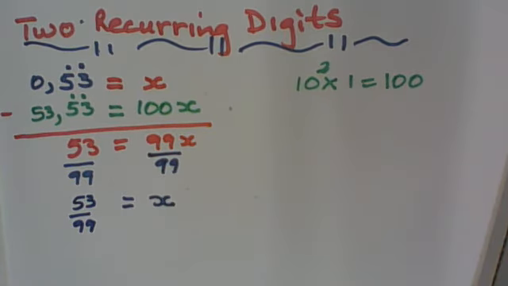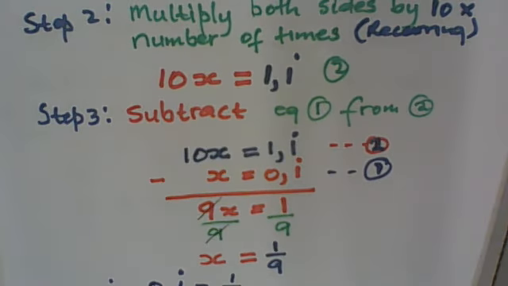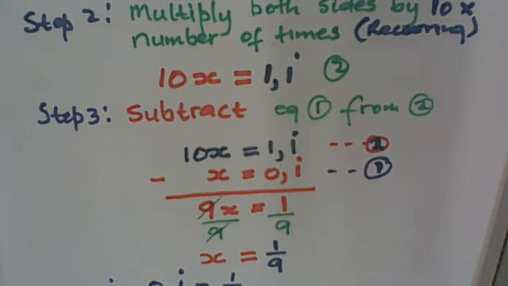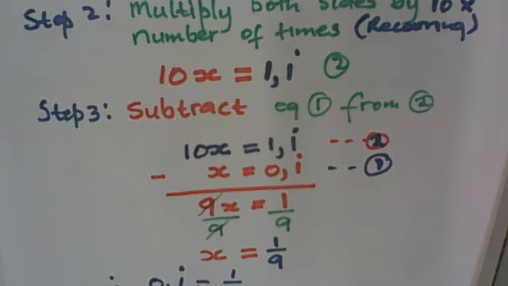Now from this too, for interest's sake, let us look at the digits in the denominator of the final answer. Look at the digit here. It's 9, only one 9.